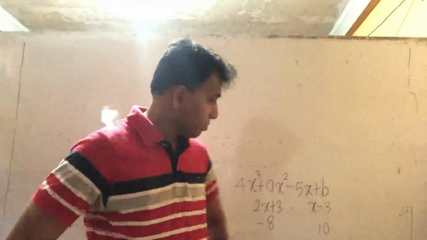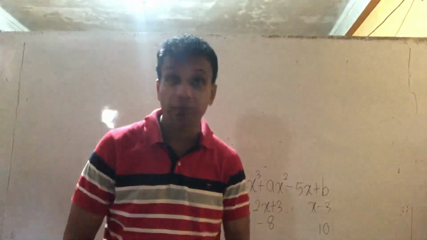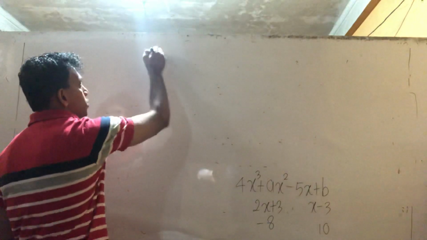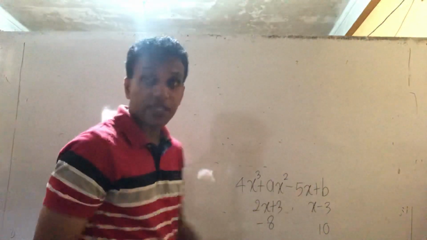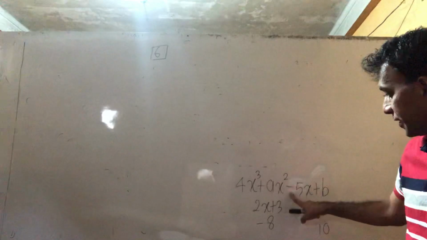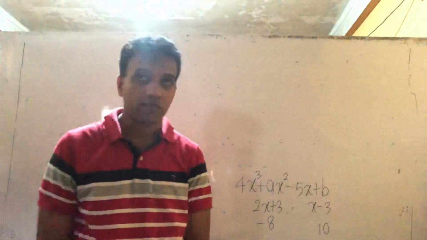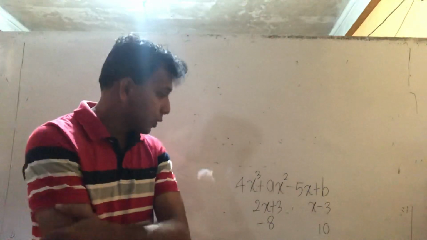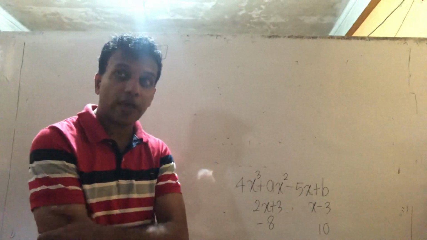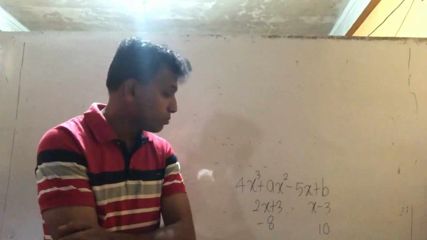Okay, so we'll see the remaining problem, the theorem. I'll show today question number 6 in my tute. The question is: when the expression 4x cubed plus ax squared minus 5x plus b is divided by 2x plus 3, the remainder is minus 8.